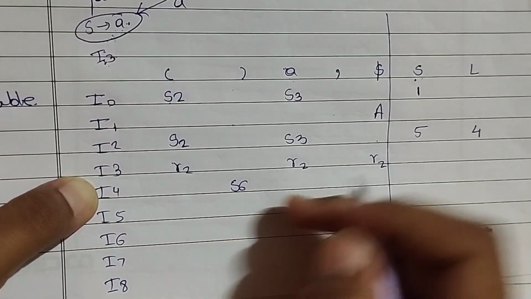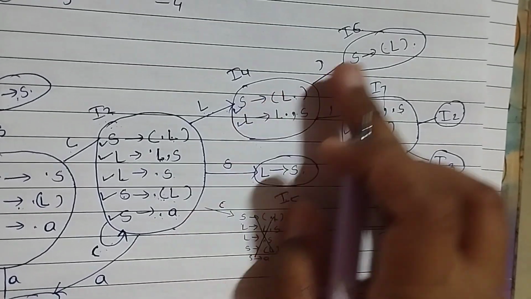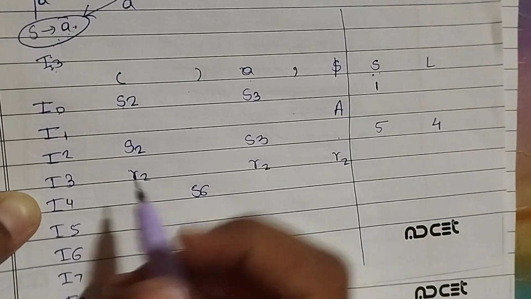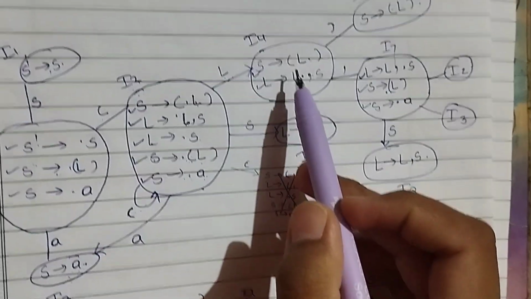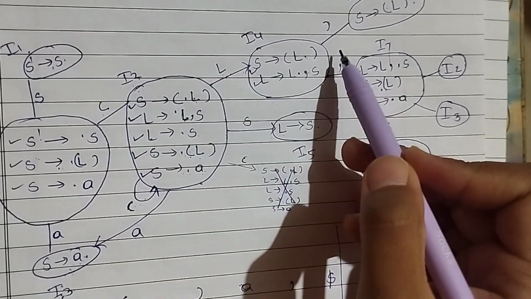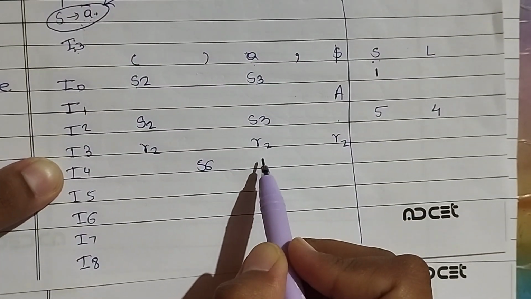Now I4 and A: I4 does not shift A anywhere, so nothing comes here. Now the comma.